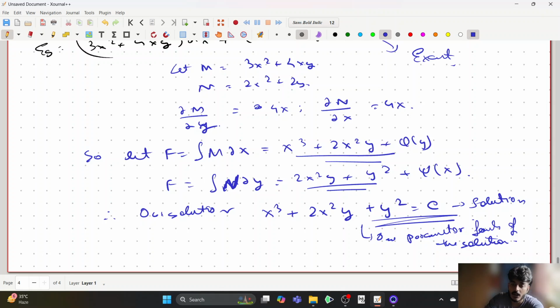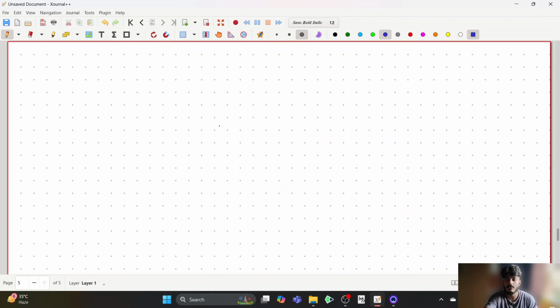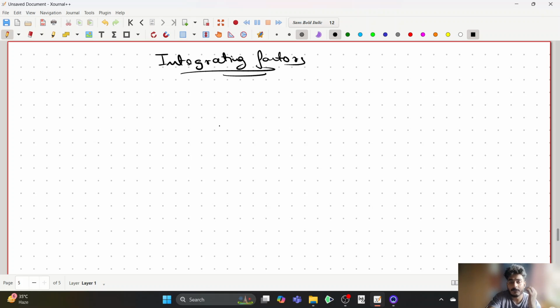Okay. Now we intend to talk about integrating factors. So what is basically an integrating factor?